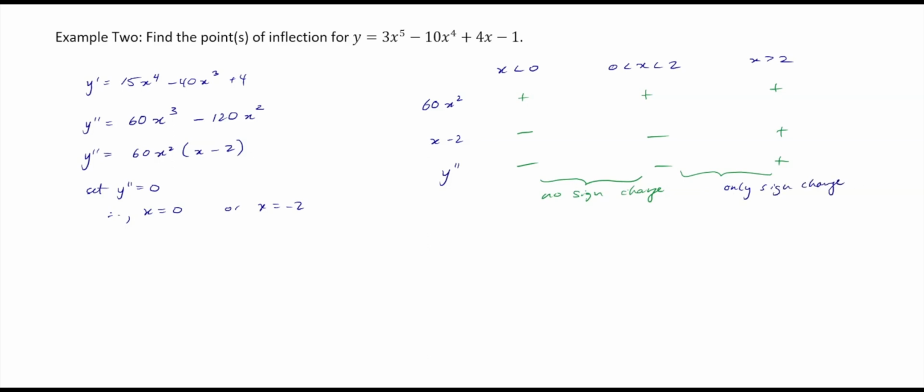All right. So that means 2, -57 is the only point of inflection. And it's basically going from concave down to concave up at x is equal to 2.